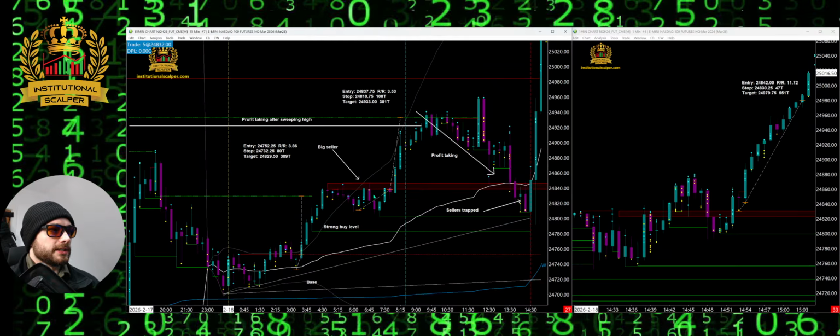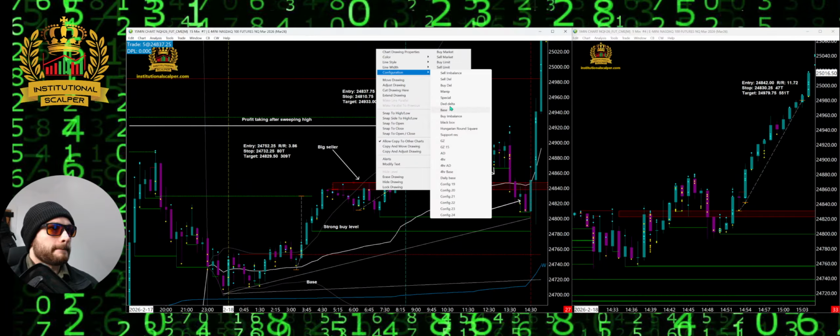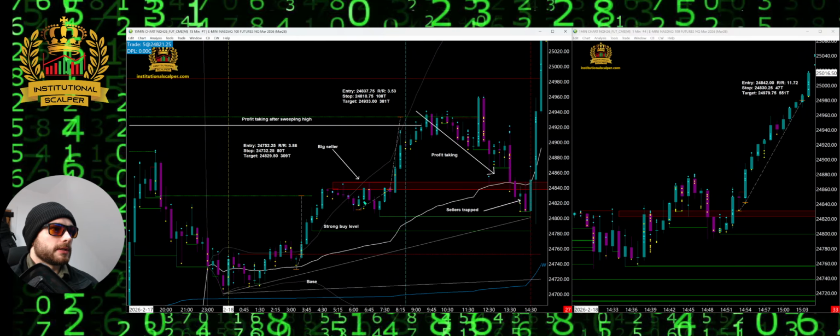After this consolidation, we get our structure shift, and I've just extended this. So these absorption lines, there you go. So this one's not as clean, but you could get it if you were sort of anticipating the move and whatnot.